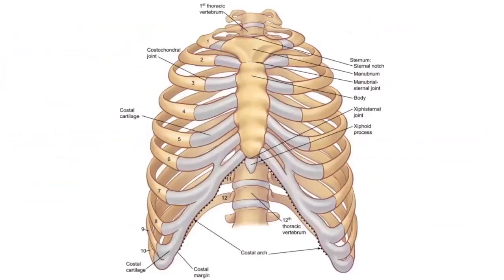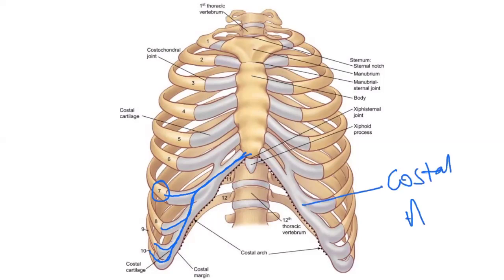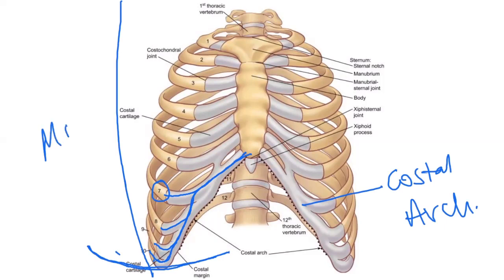You see, this is the 7th costal cartilage, right? It only reaches the sternum, whereas the 8th one reaches the 7th one, the 9th one reaches the 7th one, the 10th one reaches the 9th. So here they are forming the costal margin, which is also called the costal arch, right? The lowest part, formed by the 10th rib, is at the mid-axillary line.